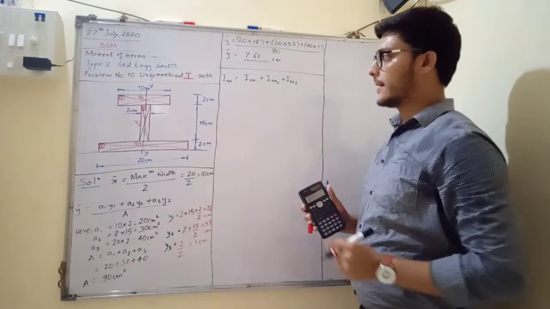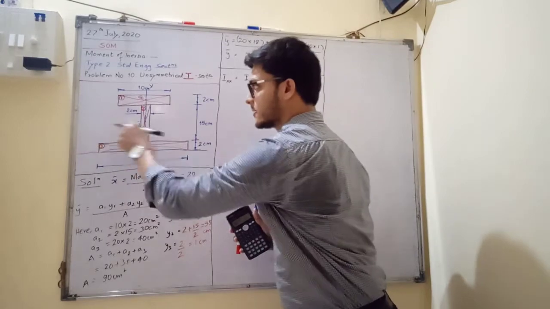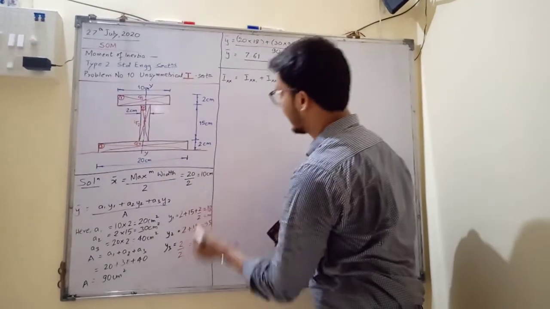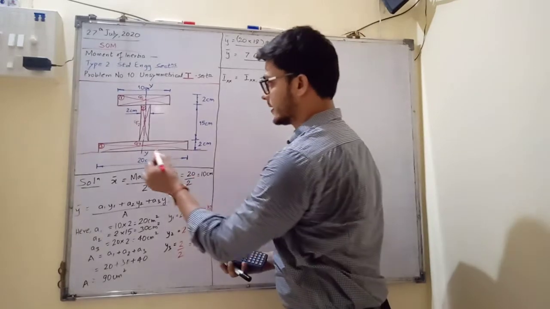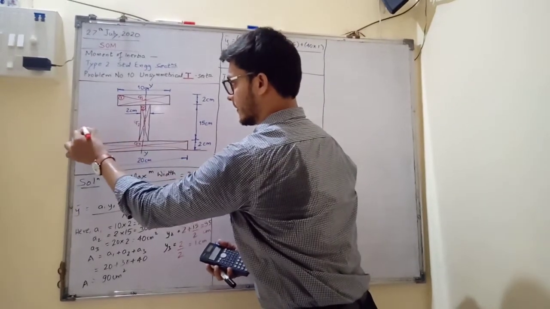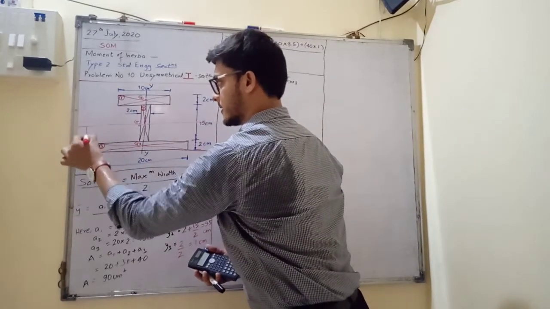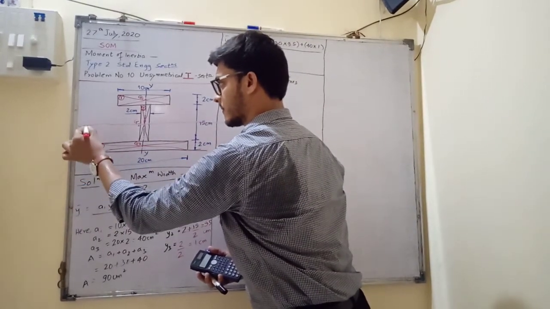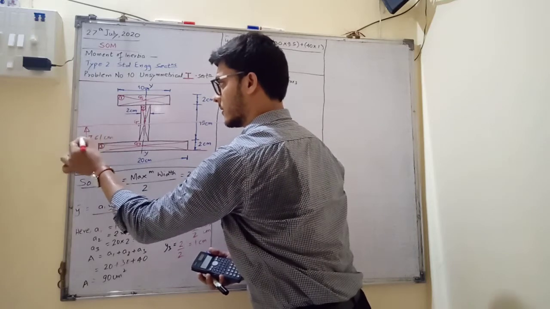Here we have to apply the parallel axis theorem. The x axis passes through G1, G2, G3 and the centroid. Like y bar we have got, now I can locate this y bar of 7.61 from the bottom. It will be somewhere here. This distance is 7.61 centimeter, y bar.